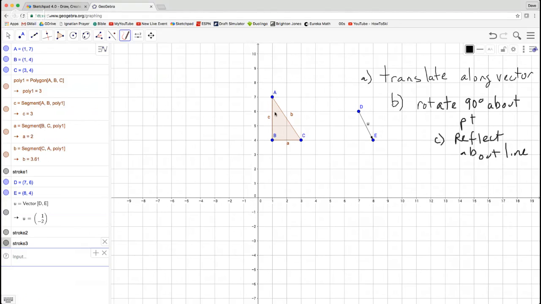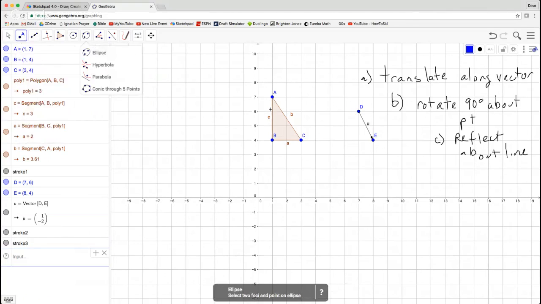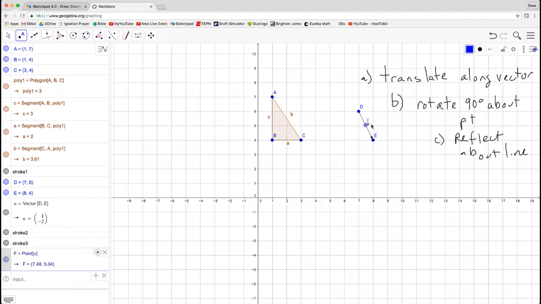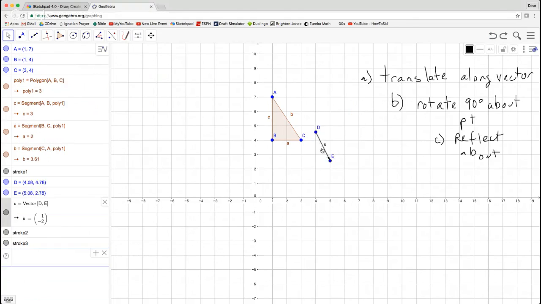Okay, so if we translate this along a vector, there are a couple ways we've shown you how to do this. So one way you can do it is you can take that vector and you can copy it. Whoops. Undo. And make all of your new points. You can put one at 2, 5. You can put one here. Okay, so let's just go ahead and do that.